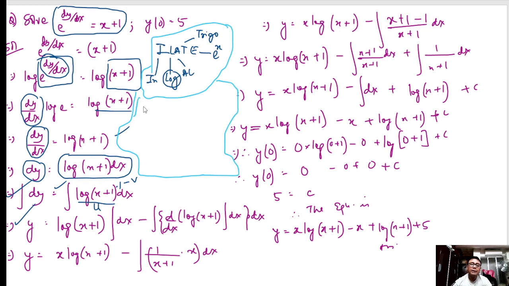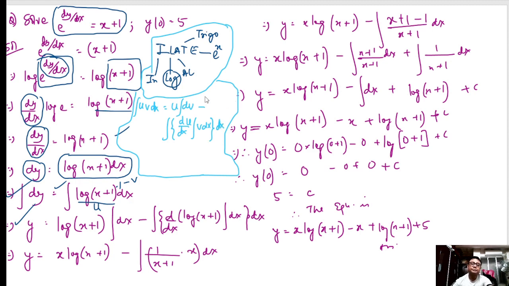If you have integration of u into v dx, the formula is u integration of v dx, integration of that, minus the integral of the differentiation of u into the integration of v dx.